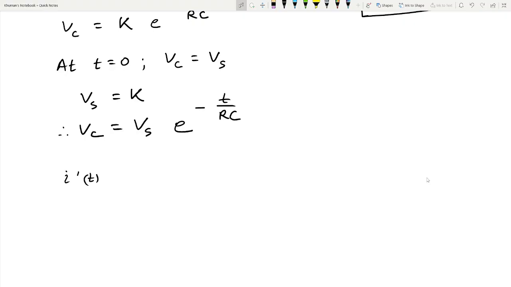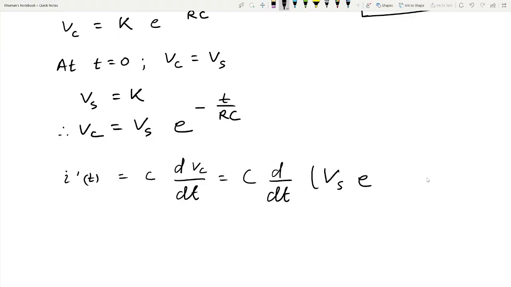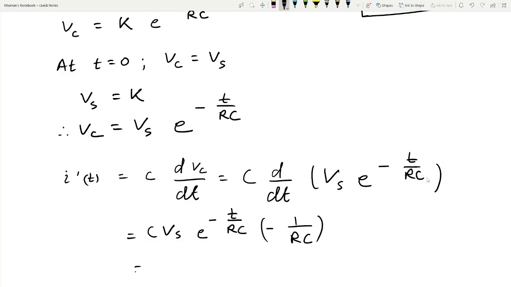So i prime t is equal to C dVC by dt equal to C d by dt of Vs e to the power minus t by RC, which is C Vs e to the power minus t by RC times minus 1 by RC.